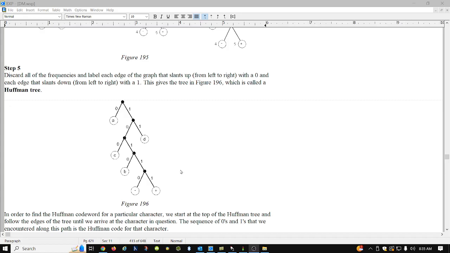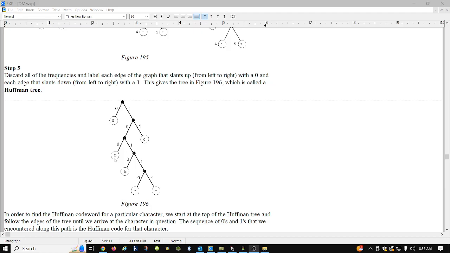To find the code word for a particular character, all we have to do is start at the top and follow the path to that character. So for example, for the character B, we start here and follow the path. So the code word will be 1, 0, 1, 0.